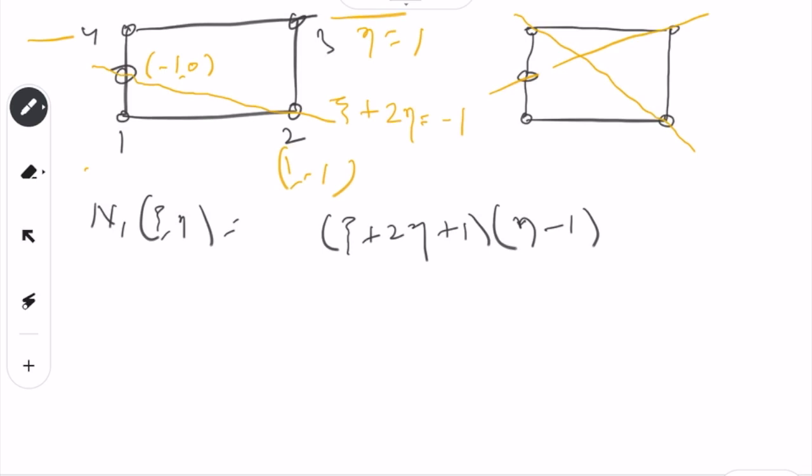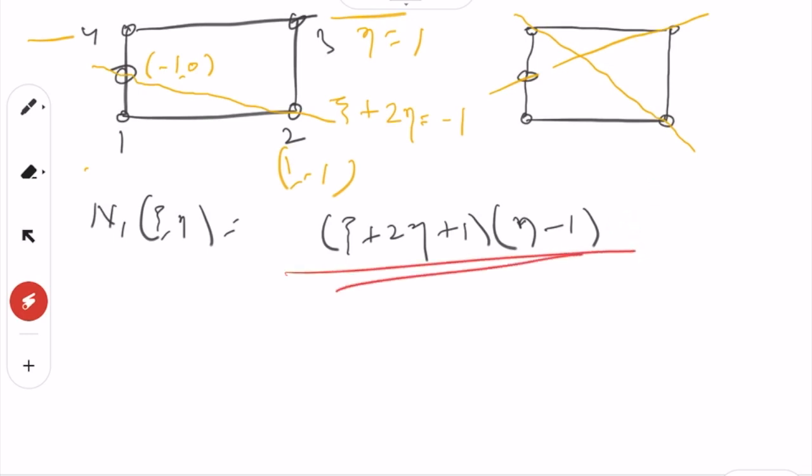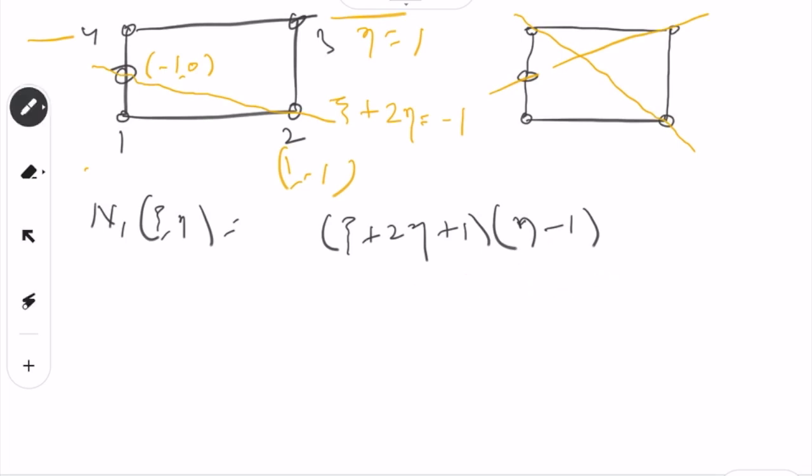We can see that here we have xi eta term and eta square term, and there is no cubic term here, so this works. Now here this is minus 1, so you put minus 1, minus 1, and this is also minus 1, so minus 2 multiplied by minus 2, 4, so 1 over 4, so we get n1 equal to this. So this also works here.